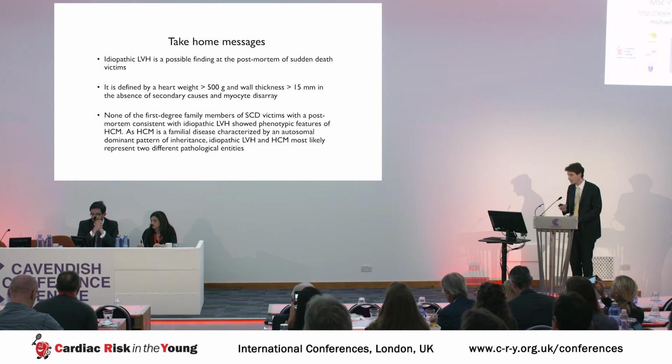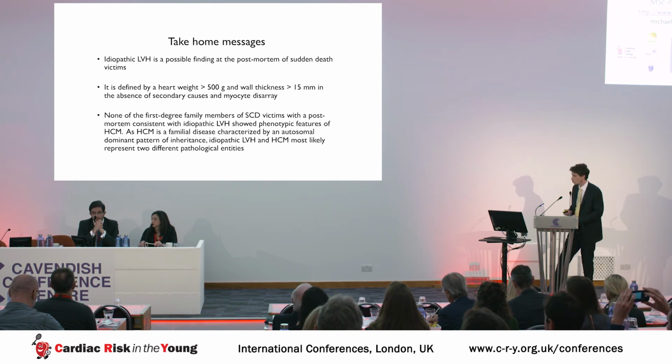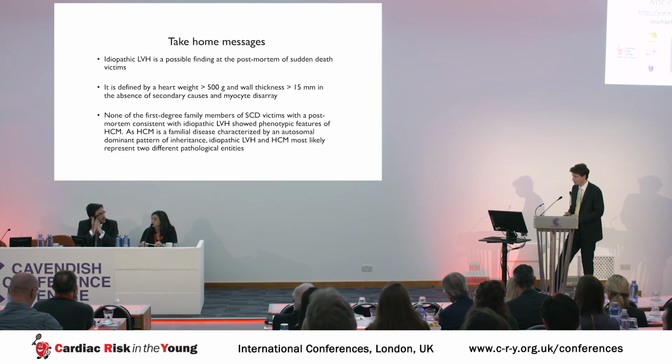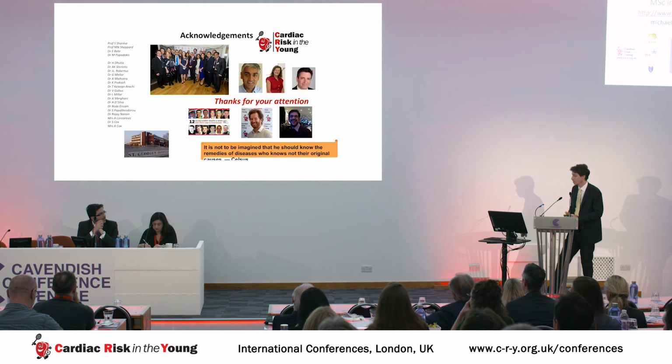We could not find any family, screened with a very extensive protocol, diagnosed with hypertrophic cardiomyopathy after a family member died suddenly with idiopathic LVH. And as HCM is a familial disease characterized by an autosomal dominant pattern of inheritance, it's unlikely that idiopathic LVH and HCM are within the same clinical spectrum. Thanks for your attention.